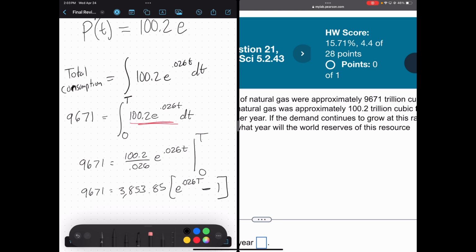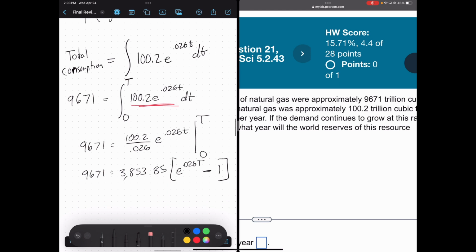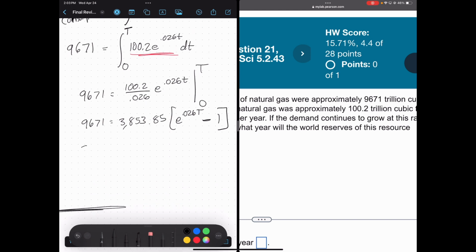Now I can start solving for t. First, let's divide this. Let's see. 9671 divided by 3853.85, and I'm left with 2.509438, and so on.